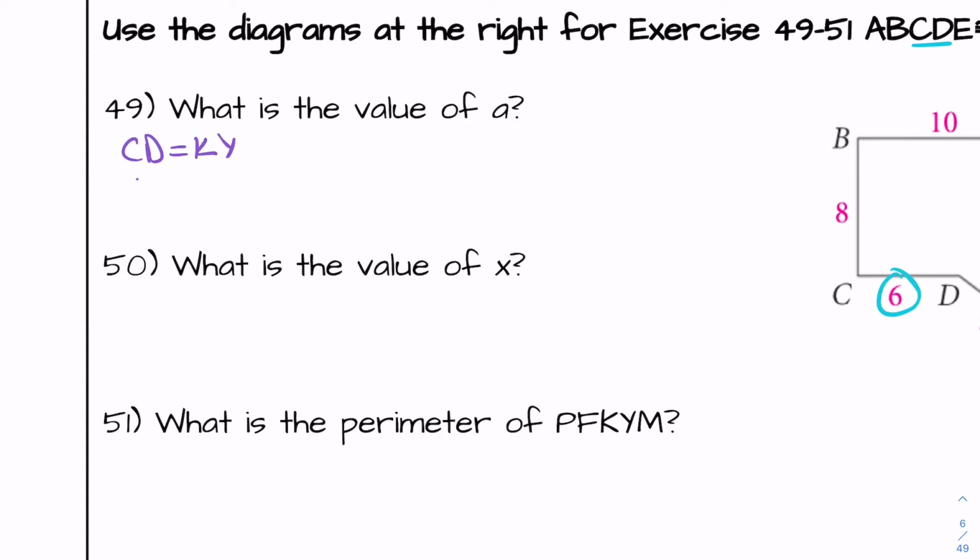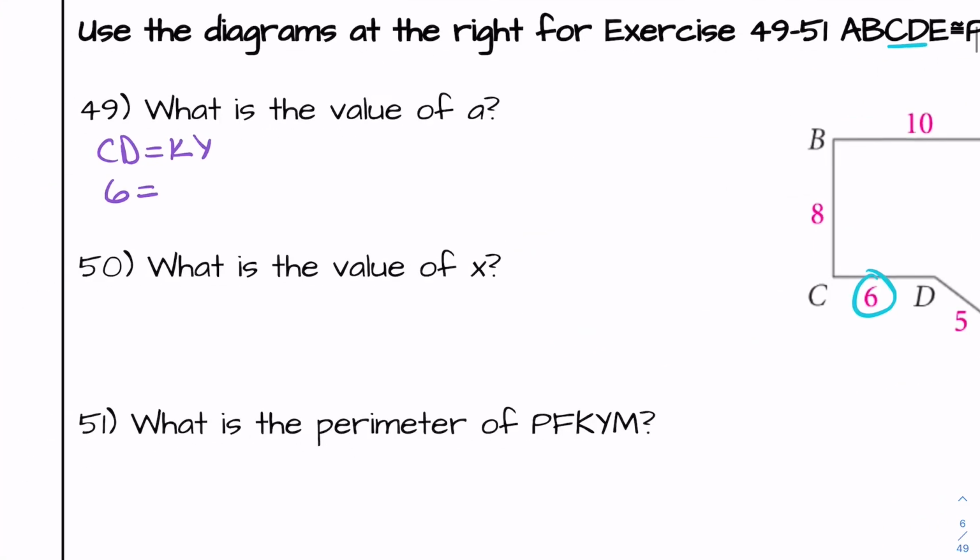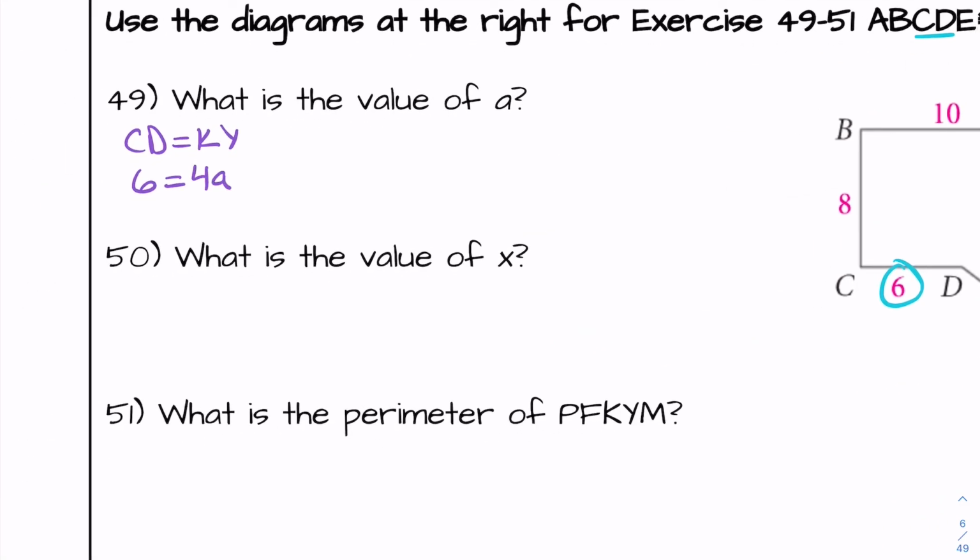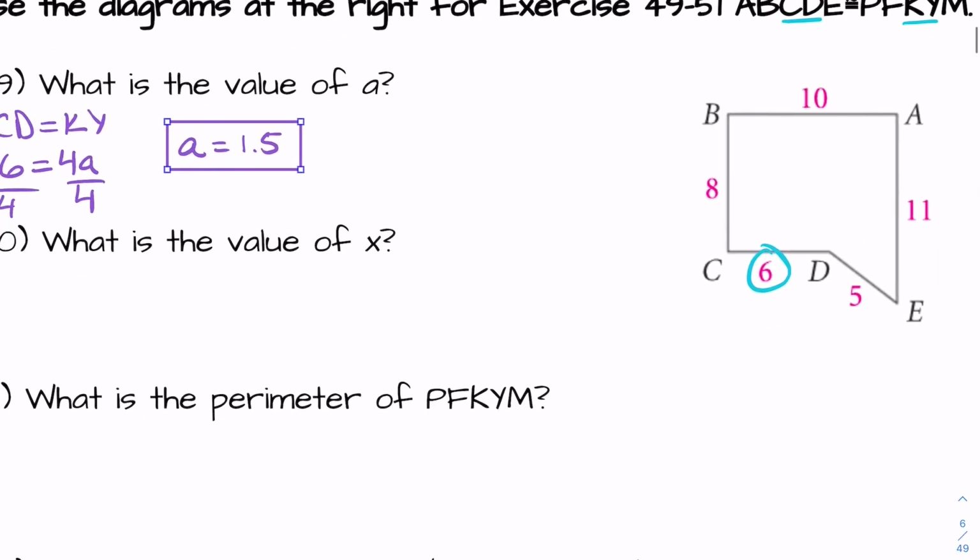So CD is 6 and KY is 4A. So I'm going to divide both sides by 4. And so A is equivalent to 1.5, because 6 divided by 4 is 1.5, or 3 over 2. So that's the value of A.